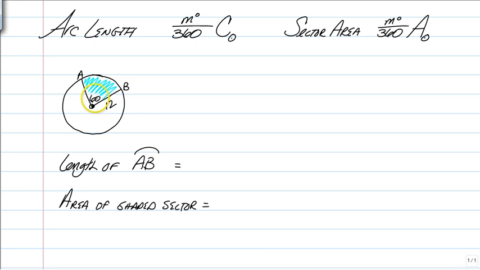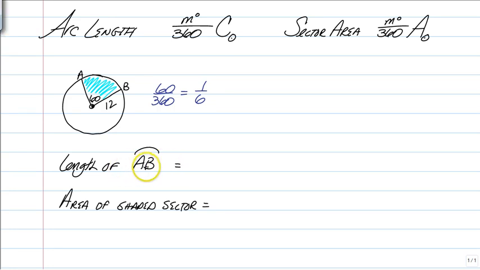So what you want to do is take your arc measure first and divide it by 360. So 60 degrees is actually 1/6 of a circle after you reduce it. So 1/6 of a circle is how we're going to find our arc length and our shaded sector area.